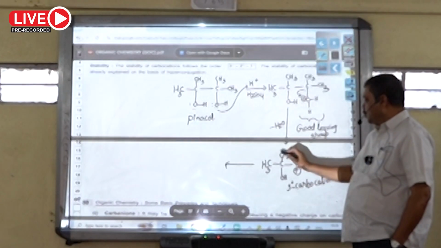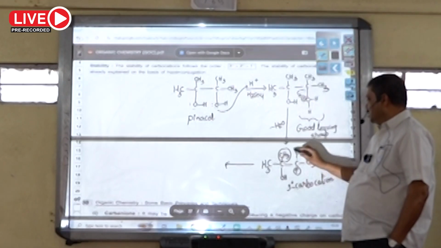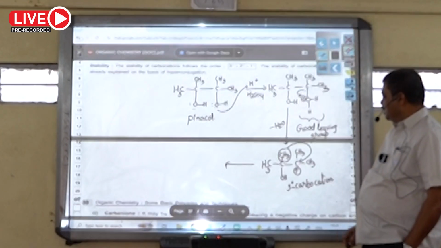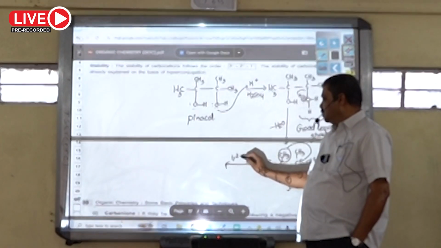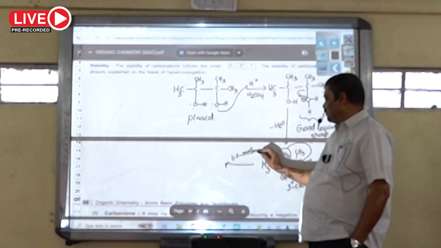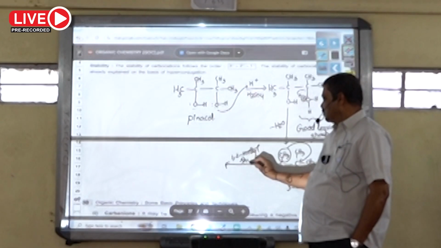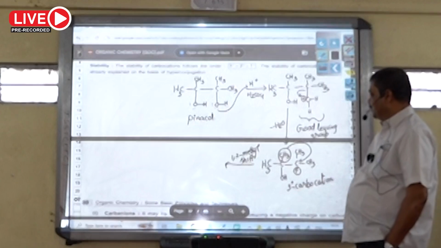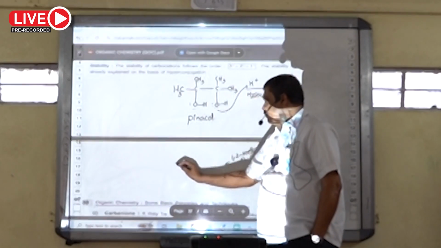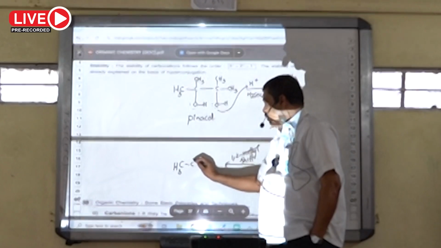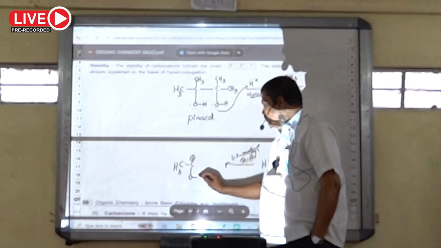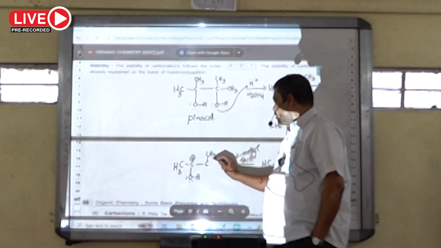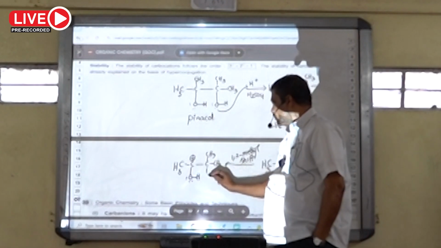This methyl group on the adjacent carbon, along with the bond pair, is shifted to this carbon. It is called a 1,2 methyl shift. After the methyl shift, now this carbon becomes plus, and this carbon will have 3 methyl groups now.